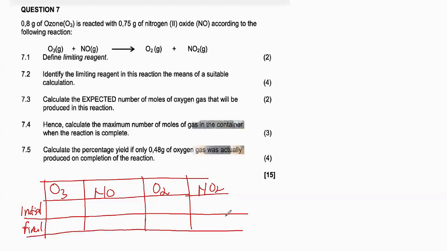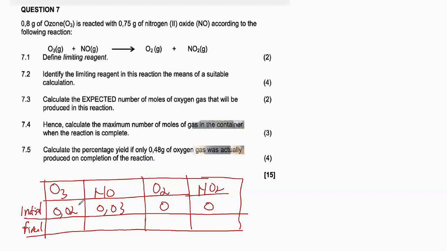So initially we calculated the available number of moles, and we found that the initial number of moles for the O3 was 0.02. And also here, because we calculated the available to be 0.03, right? And then the O2 here was 0 initially because we had no products.